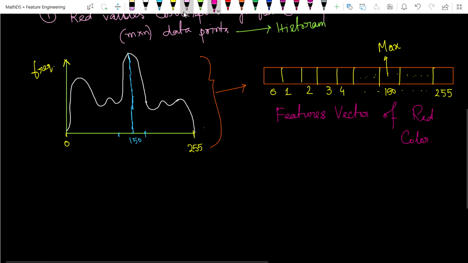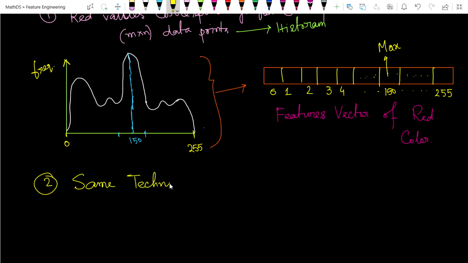Now the same technique we will apply for the green color and blue color also.